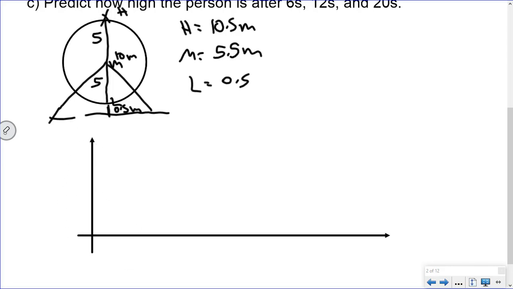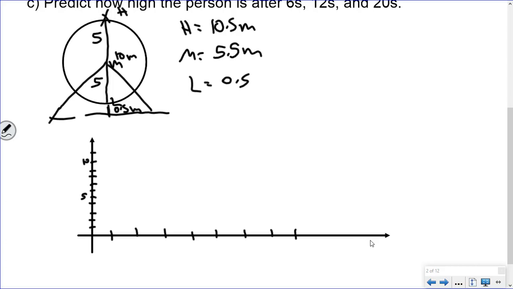Maybe I'll redo those so it's a little bit nicer. 2, 3, 4, 5, 6, 7, 8, 9, 10, and we'll get to 11, so we can get up to 10.5. And then along my x-axis, 2, 3, 4, 5, 6, 7, 8, right?